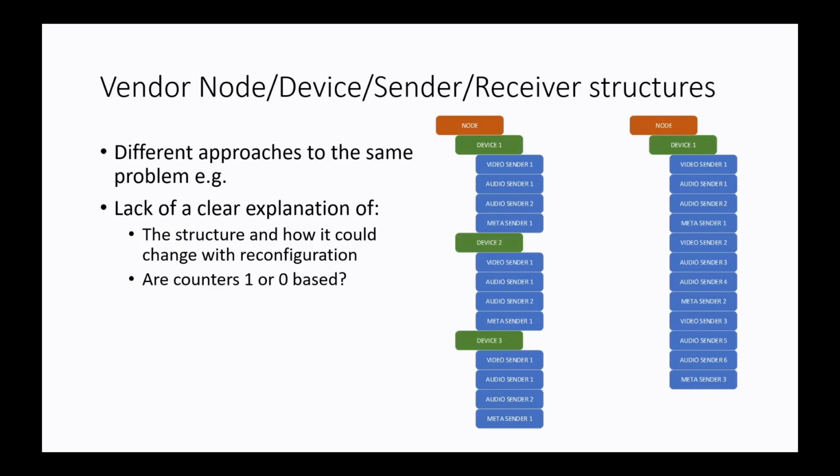Well, that's how it is at the point in time that I'm looking at it, but I have no idea what will happen if I change the running mode of that device from a UHD personality to an HD personality. I have no idea what's going to happen if I update to the latest firmware. The vendors don't really help me. They don't give me a sheet which says, this is the structure we use, and this is how the structure might change if you change the mode of the device.